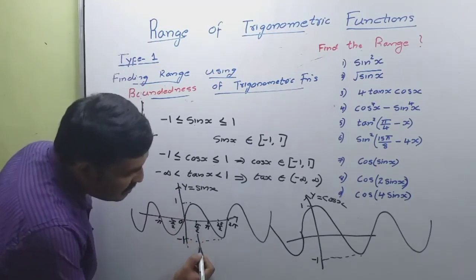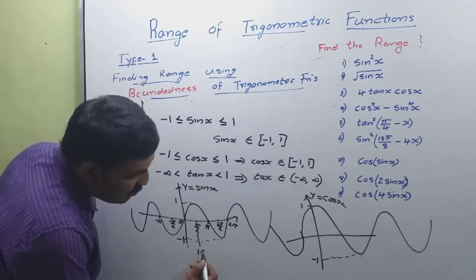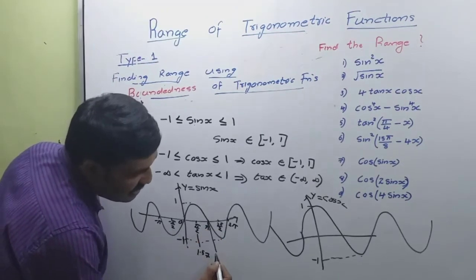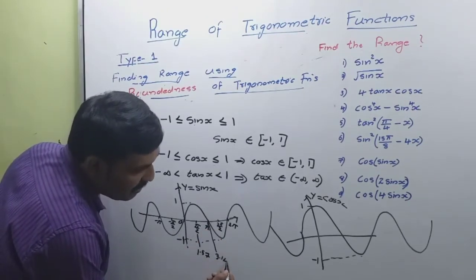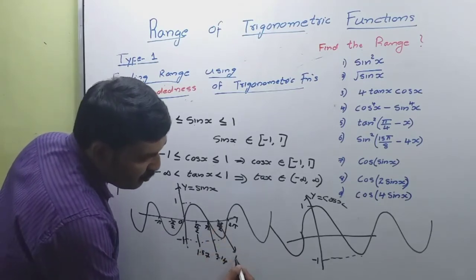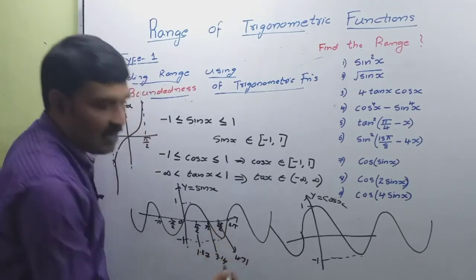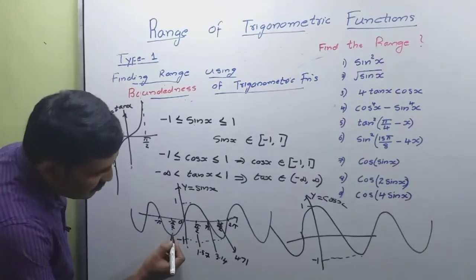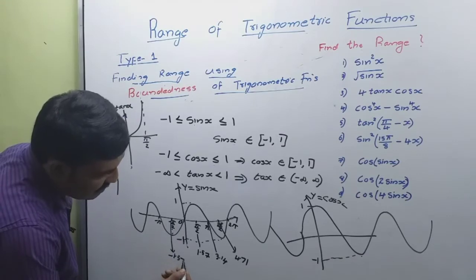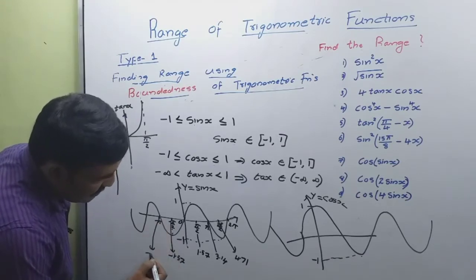Pi by 2 is approximately equal to 1.57, and the value of pi is approximately equal to 3.14. And 3 pi by 2 is approximately equal to 4.71, and so on. This value of x is minus 1.57, minus 3.14.